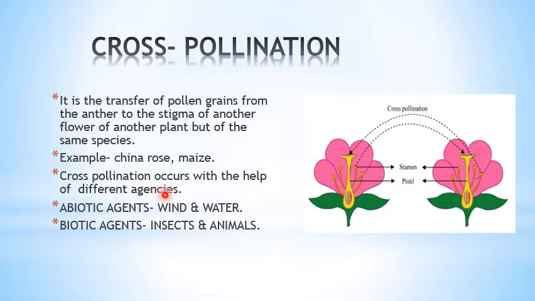Cross-pollination occurs with the help of different agencies. Agencies means agents, the biotic and abiotic agents. Abiotic means wind and water, which help in the transfer of the pollen grains, and insects and animals also help in the transfer of the pollen grain.